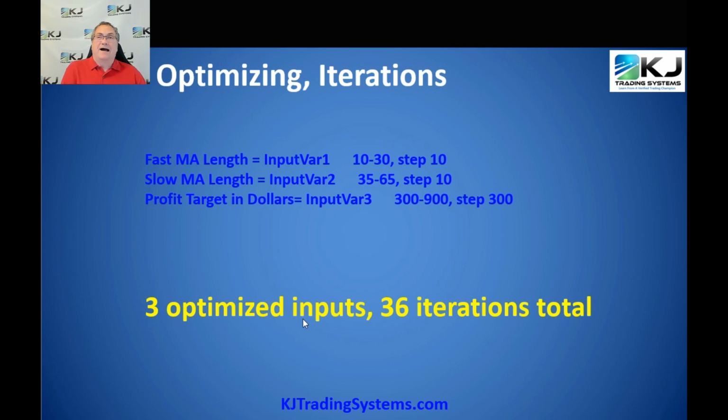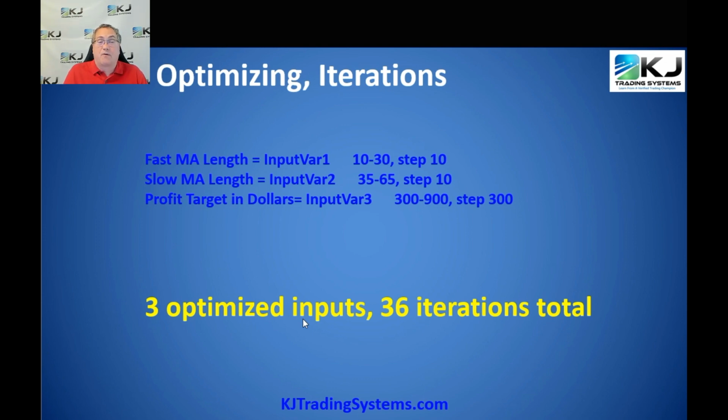Well, what I've found is if you do a small amount of optimization, you can actually check the robustness of a strategy. That's really a key. So this strategy might work with a look back length of 10, but if it doesn't work with 5 or 15 or 20, if it only works with 10, it's not a very robust strategy, and it's probably not something you're going to want to trade.